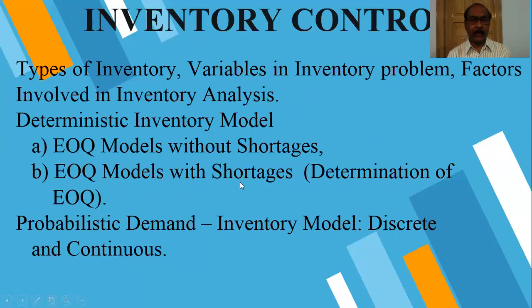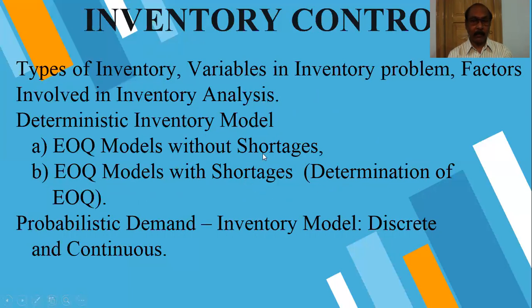Another model is the shortage model. These two models are both deterministic models. In the shortage model, shortage is allowed during production. That means somehow it is found that during production, some items are not in stock.